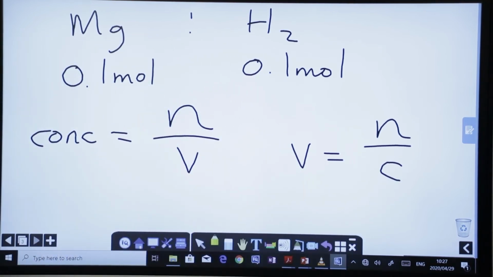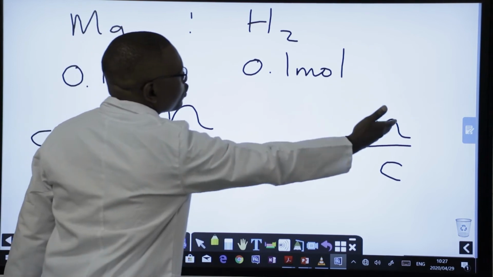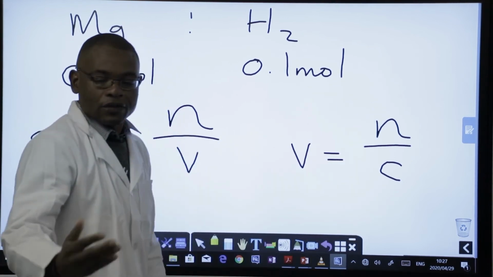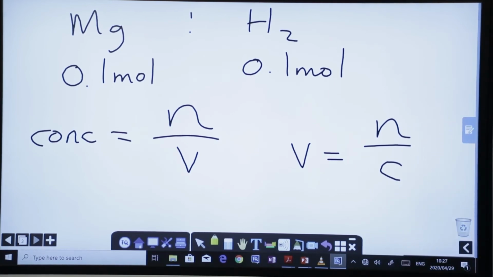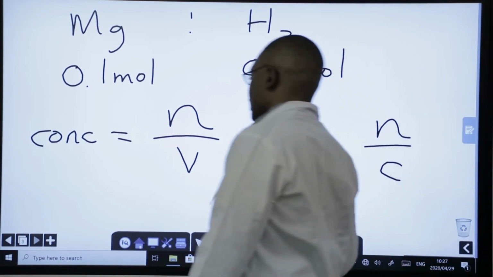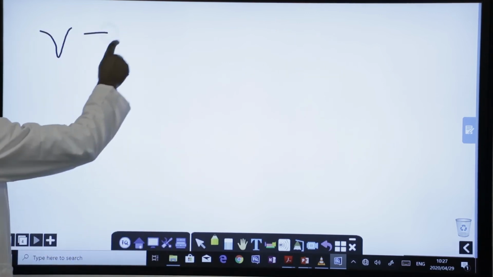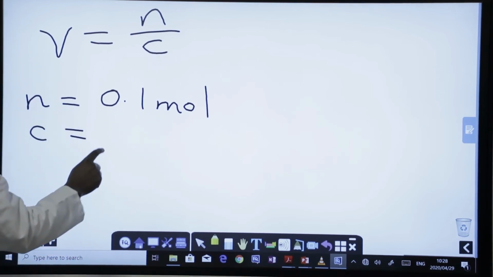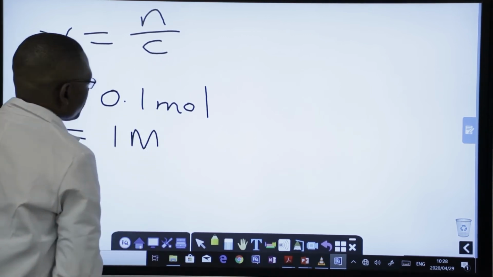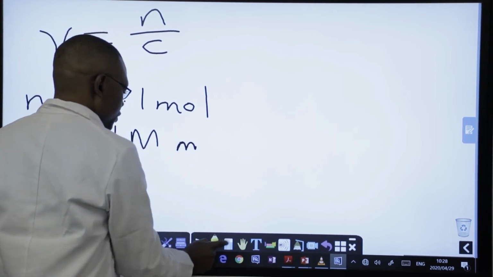We now know our number of moles is 0.1, and the concentration of our solution, we diluted this to 1 molar. So we plug in our values: V is equal to n over the concentration, which is 1 molar, or let's say mole per dm cubed.